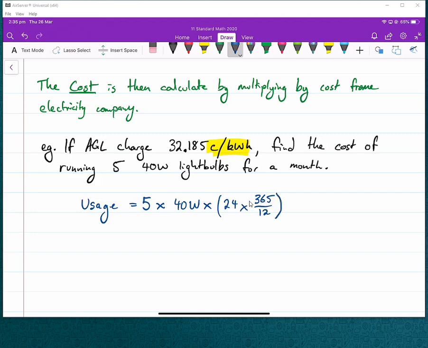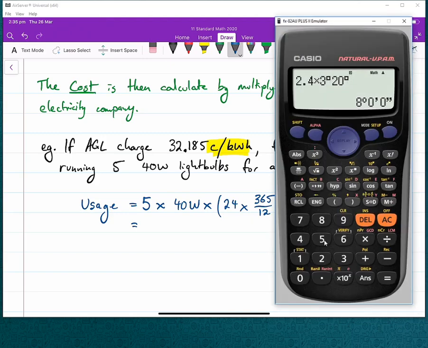Okay, so let's have a look and see. So this gives us 5, I'll put it on the calculator, 5 times 40 times 24 times 365 days a year divided by 12 months. Okay, that's our monthly one.